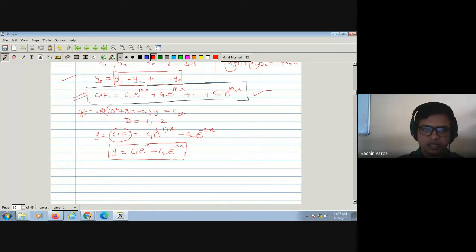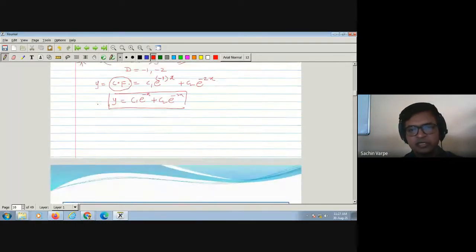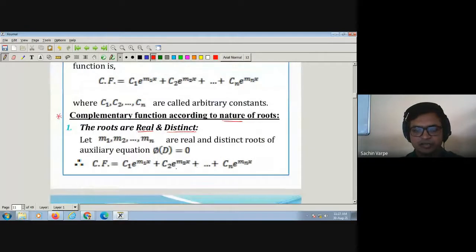That original formula will be the formula for real and distinct roots. You can write here. Is this clear? The first case? Yes, sir. The complementary function is c1 e to the power m1x plus c2 e to the power m2x plus and so on, cn e to the power mnx, where the m's are real and non-repeated roots.